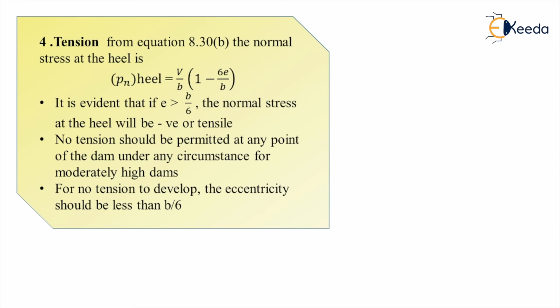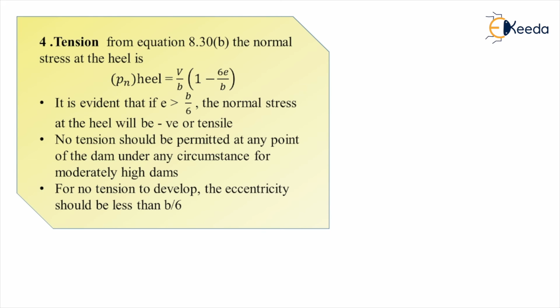Now the tension. We know that the gravity dam is constructed with concrete. Concrete has the characteristic to compress. It is good in a compression zone. Now, which factors affect the gravity dam to cause tension failure?